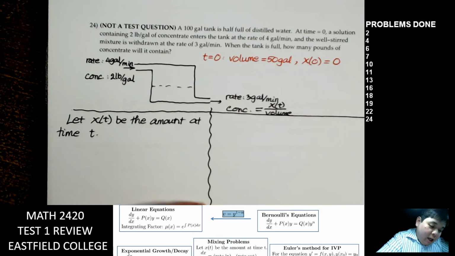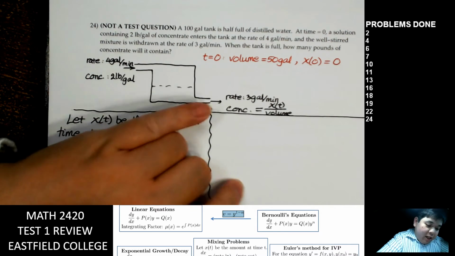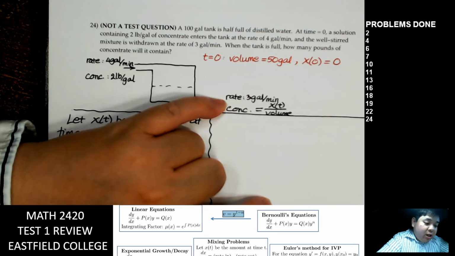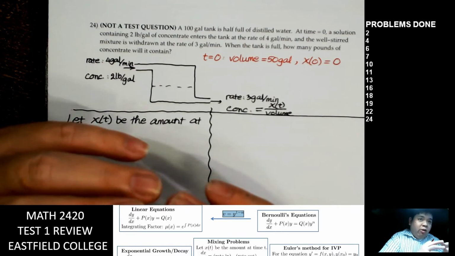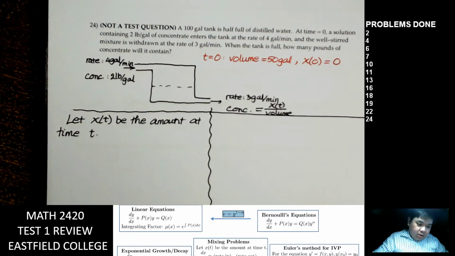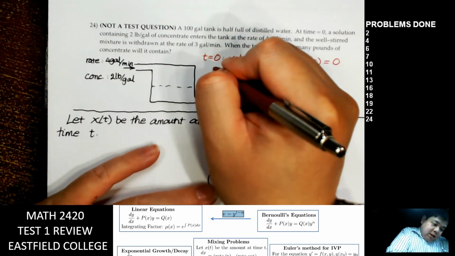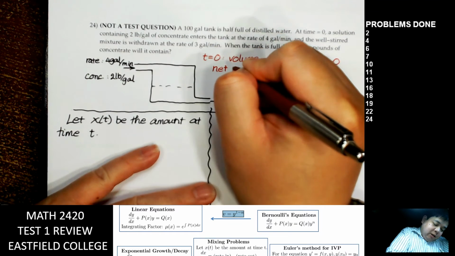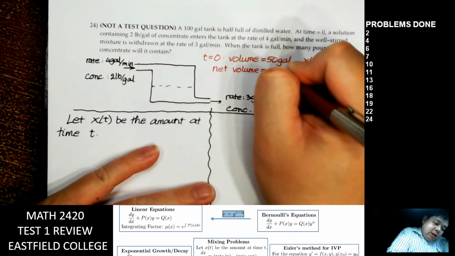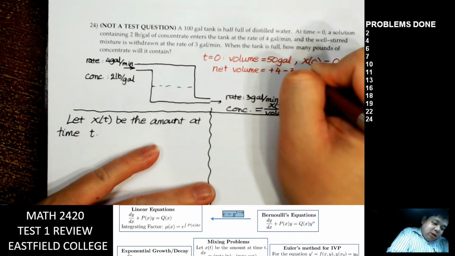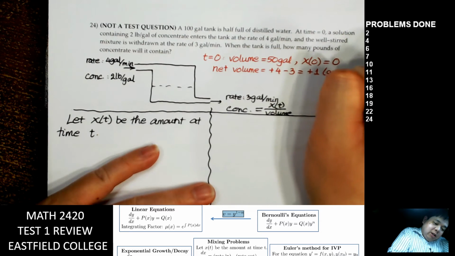Now, notice that we have 4 gallons flowing in and 3 gallons flowing out, meaning every minute the volume increases by 1 gallon. So I will write something like net volume: plus 4 in and minus 3 out, so plus 1 gallon per minute.